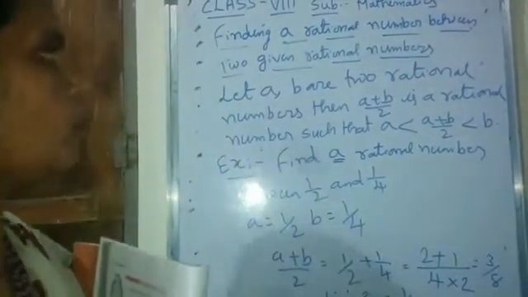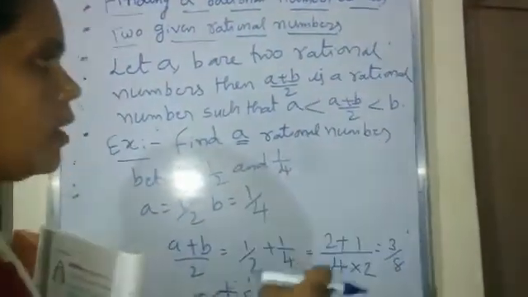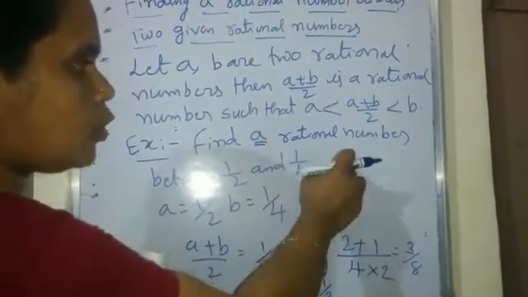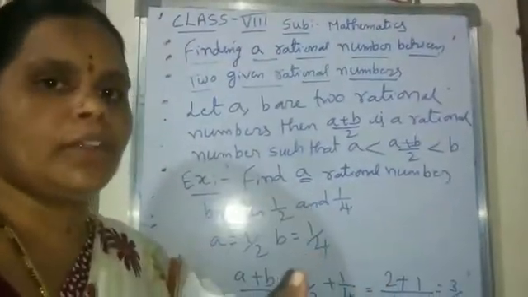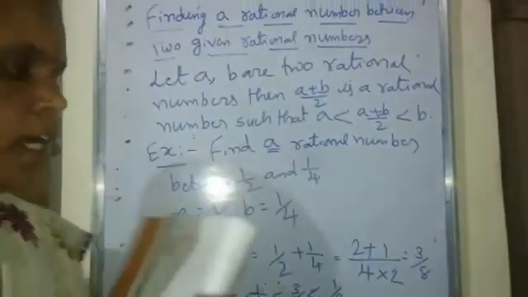Here we can find a rational number between two numbers using this formula, and by using this formula repeatedly we can find more rational numbers, but it becomes a lengthy method. Now there is another method.